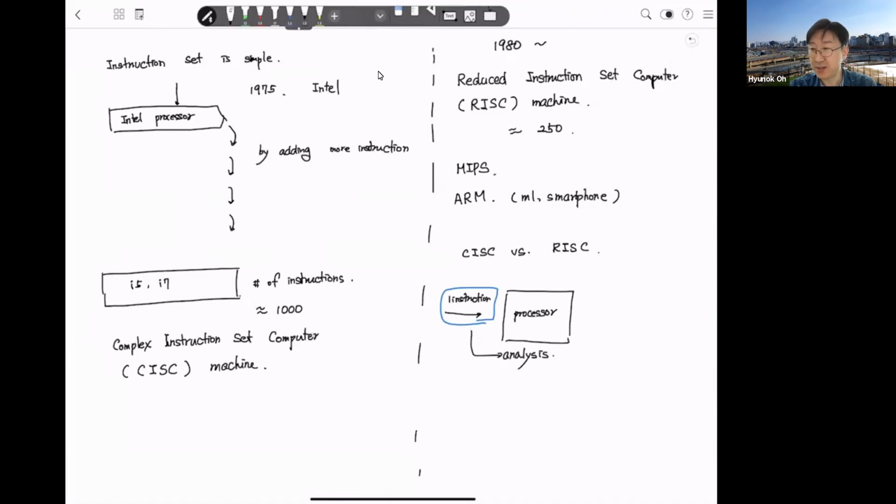And also for this analysis, a large area of the processor is used. So this much is for the instruction decode in the CISC machine. In the RISC machine, the instruction decode is much simpler because the format of instruction is very regular and also very simple. So in the RISC case, the instruction decode area is very small.